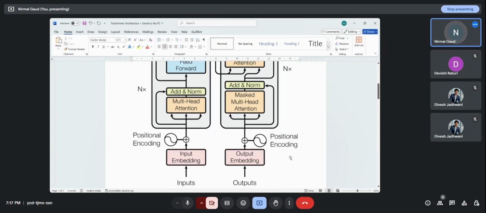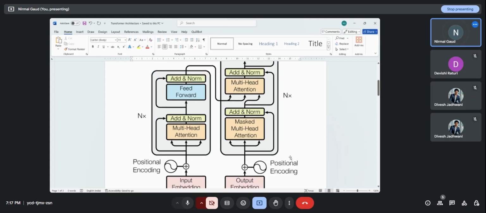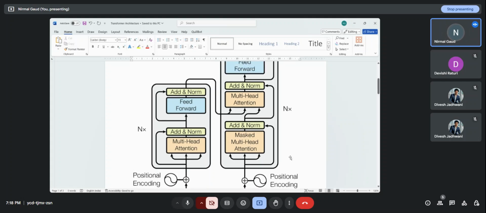The task of encoder is to take the input, convert it into embeddings, give to the attention mechanism, perform feed forward, and produce the output which will be given to the decoder.